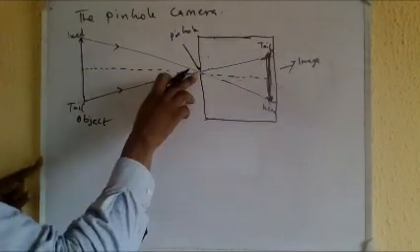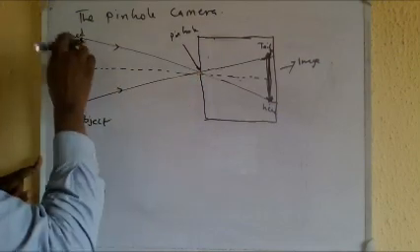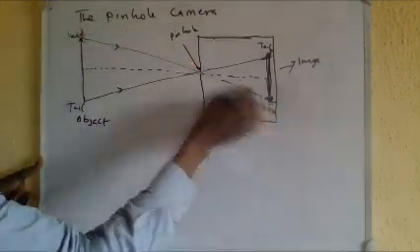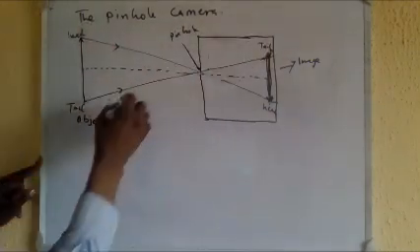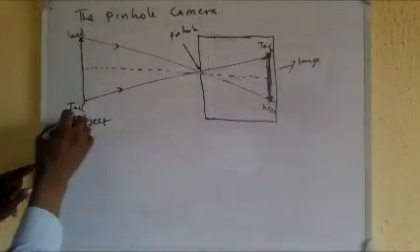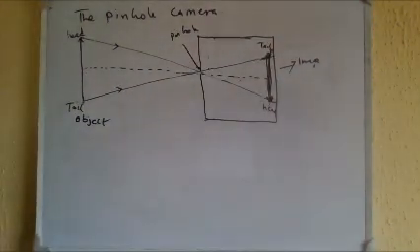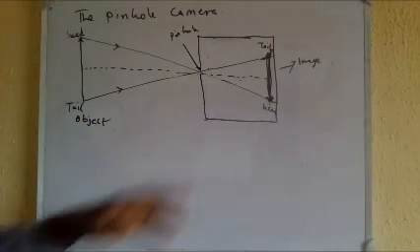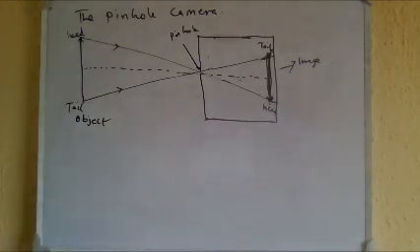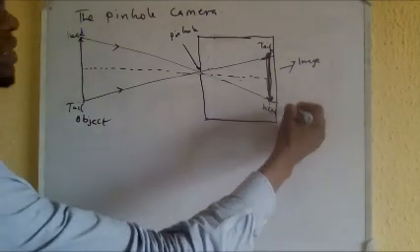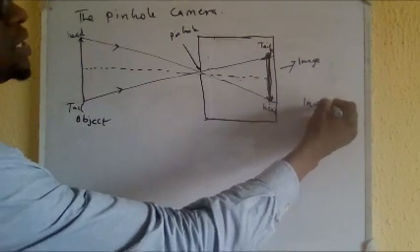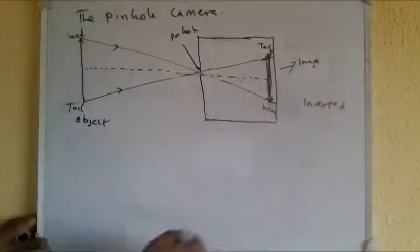So the head will come here and the tail will go up. So the rays from this object form an image. Now the image that is formed inside the pinhole camera is inverted. Inverted means it's upside down.